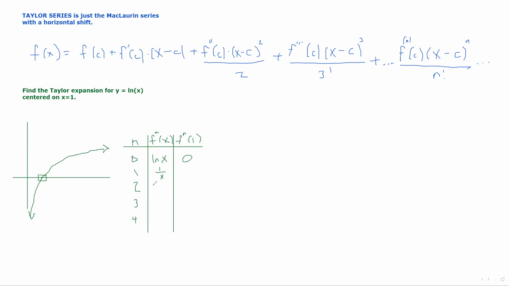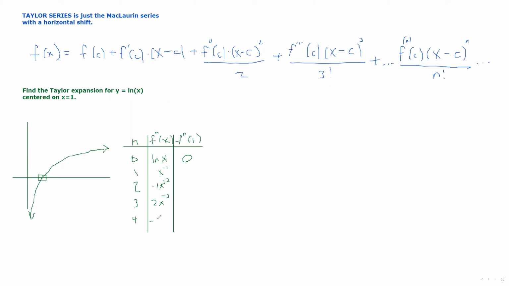And you know what? Let's just write out the derivatives while we're at it. Negative 1 over x squared times, because this is x to the negative 2. In fact, let's write it in exponential form just to make it easier to track. So this is x to the negative 1. This is negative 1 x to the negative 2. This is going to be 2 x to the negative 3.